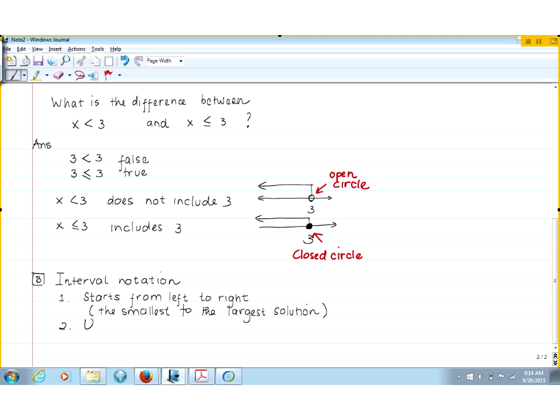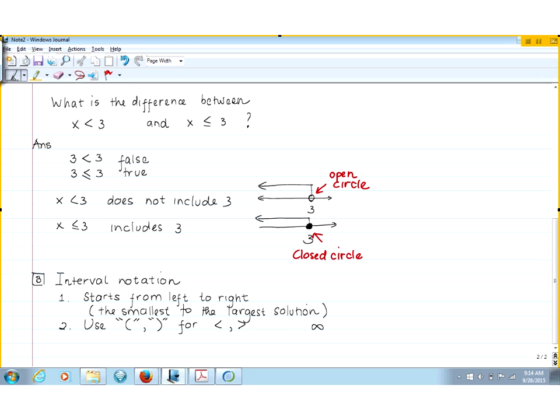Yeah. 2, we use parentheses for less than or greater than. So if it's not included, we will use parentheses. So use parentheses for greater than or less than, or for negative infinity and infinity.